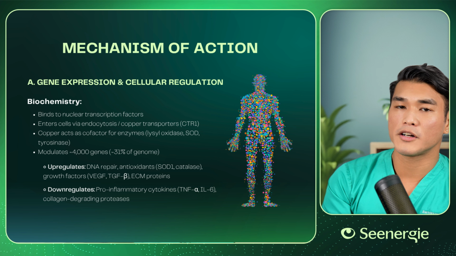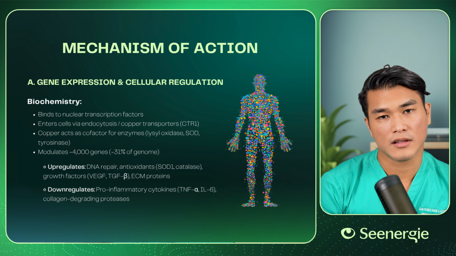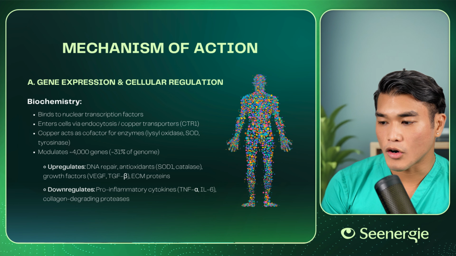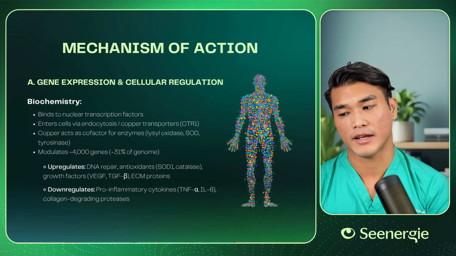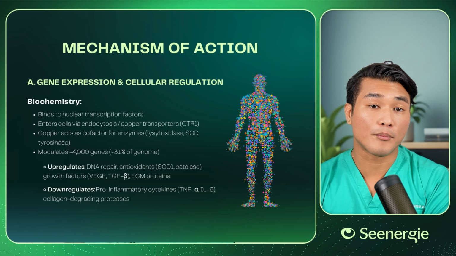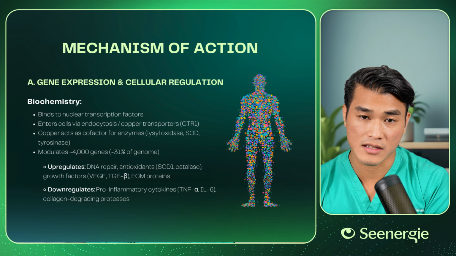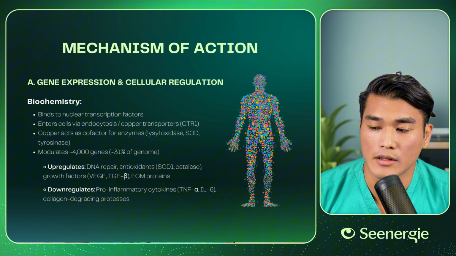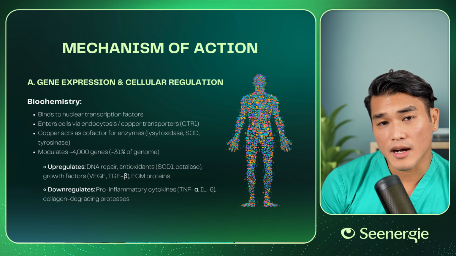They basically turn different genes on and off. They enter the cell through endocytosis or through copper transporters like CTR1, copper transporter 1, which is why it's so important to have copper in your diet and, in this case, specifically an additive for that peptide. Why is copper so important?